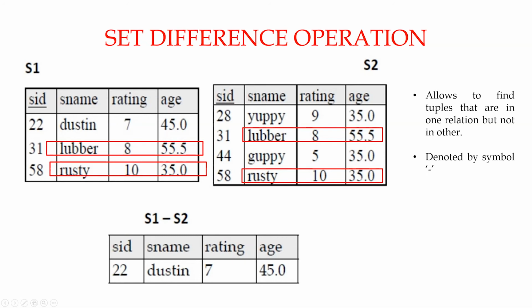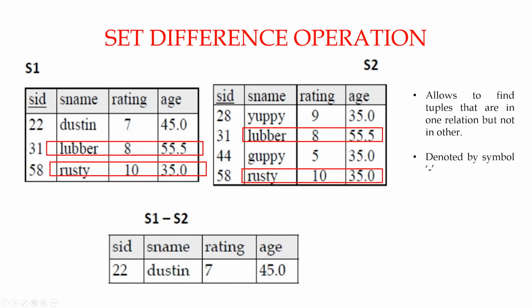So consider student 1. The first entry is student ID 22, student name is Dustin, rating is 7, age is 45. So let us check whether the data is available in the second table. So Yuppie, Lubber, Guppy, Rusty, no, Dustin is not available. So we will take it and display it in the resultant table. Now check for the second entry. The student ID is 31, student name is Lubber and rating is 8.